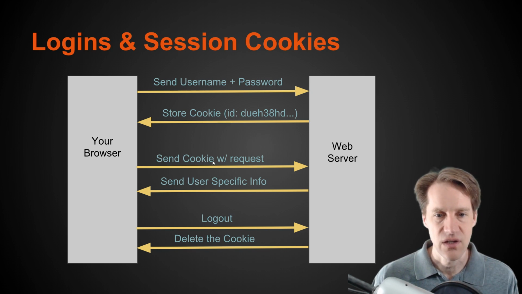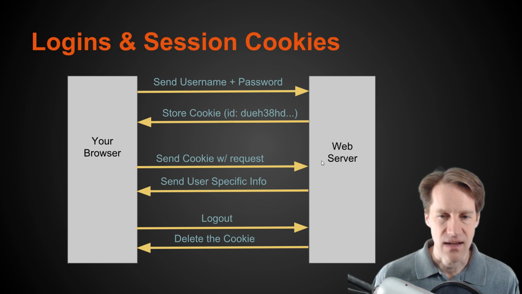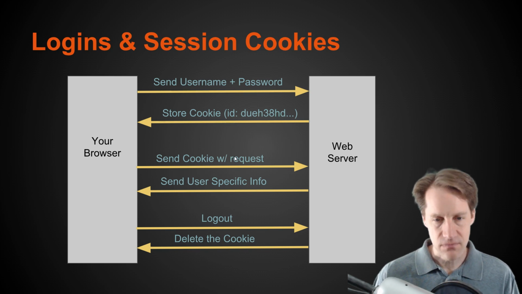So the web server is now able to link this browser with the person who logged in, via this unique identifier. So it maintains the state of that connection. Even though there are independent requests going on, it knows it is part of this web session, because of the unique identifier coming in with every request.